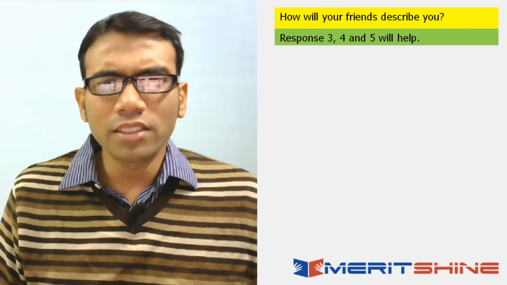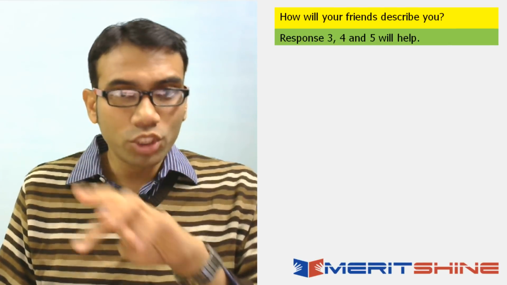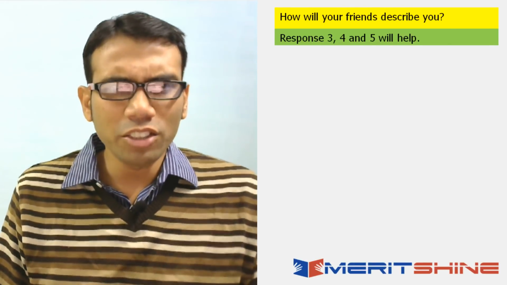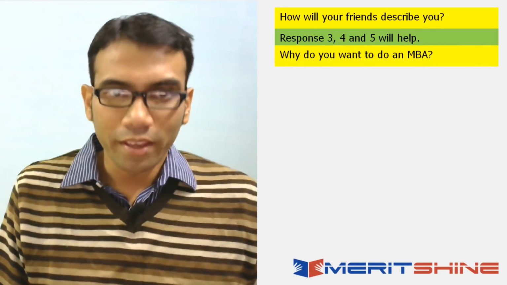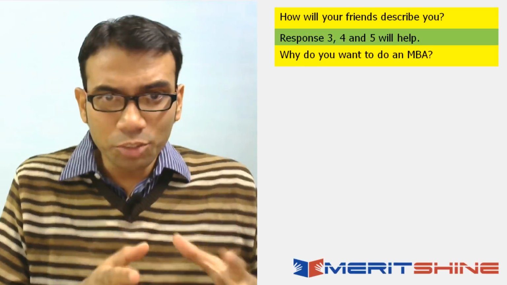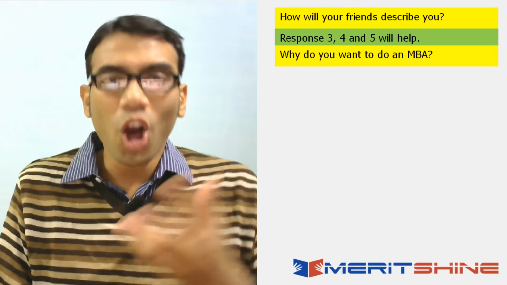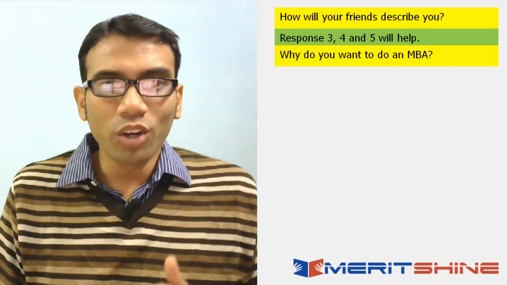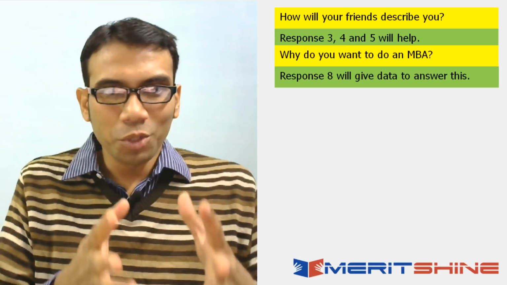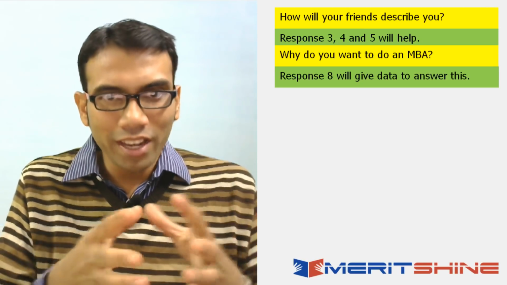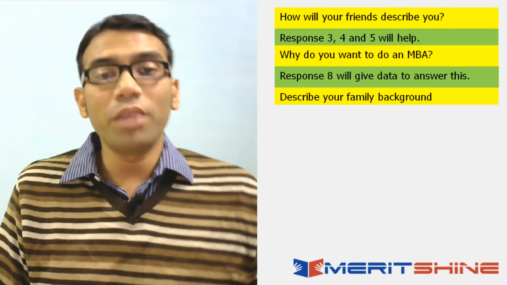Now, this can be answered from Responses 3, 4, 5 of the flowchart. We can answer this question very easily. Second question: why do you want to do an MBA? Right, at this point of time we are essentially checking whether our flowchart works or not. Response 8 will give the answer to it. Response 8 is a beautifully made answer for just this purpose.